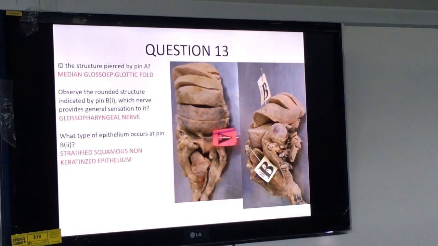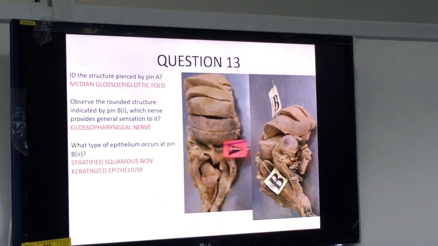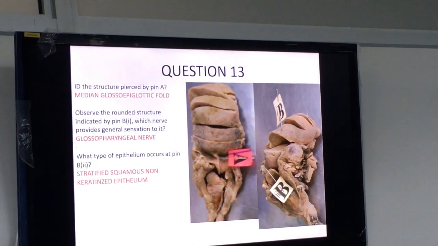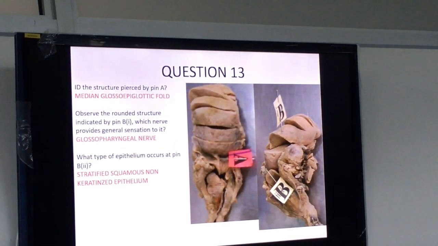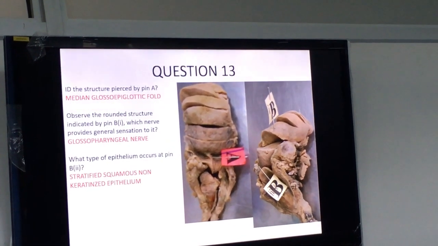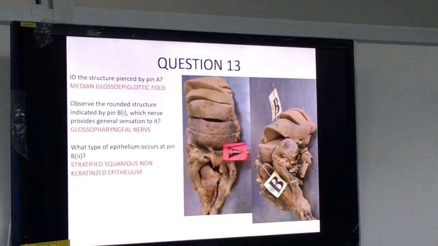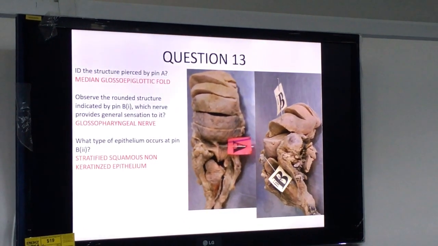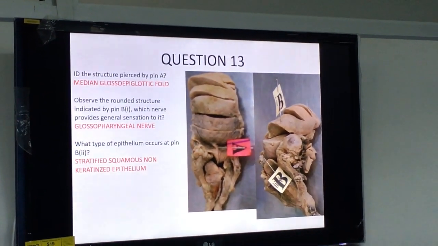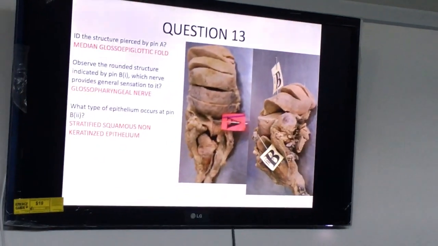We want to cover everything, right? So that's the median glossoepiglottic fold, and you have a lateral one on either side. Now, what forms the foundation of all three of them? The hyoepiglottic ligament. Good. Just to make sure, because we don't know if everything will come back just like this.